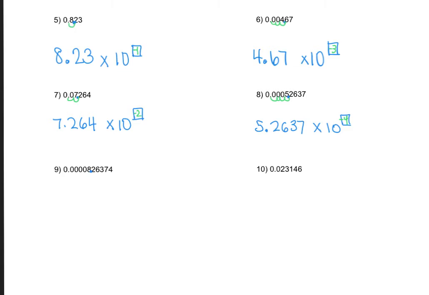Need to put it between the 8 and the 2 for 8.26374 times 10 to the what? How many times did I move my decimal? 1, 2, 3, 4, 5. It's -5 because I am moving it in the right direction, starting with a small number under 1.